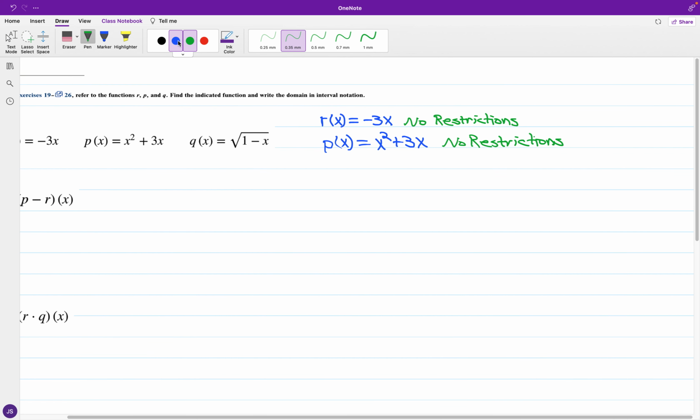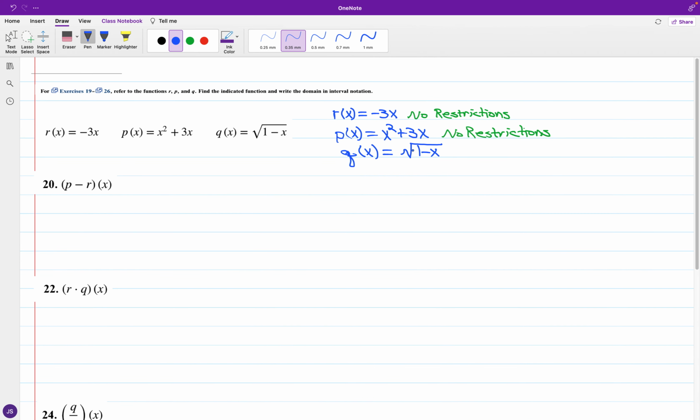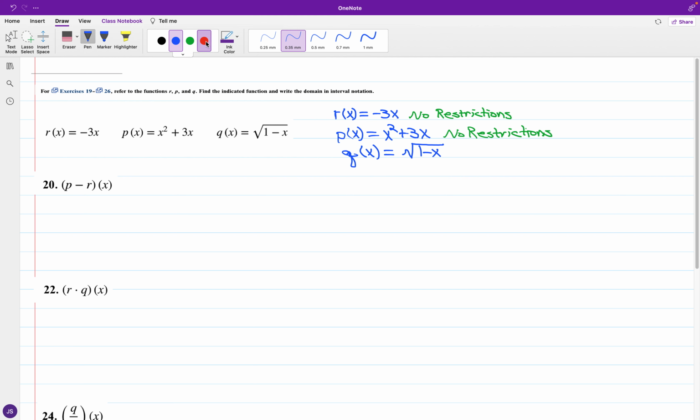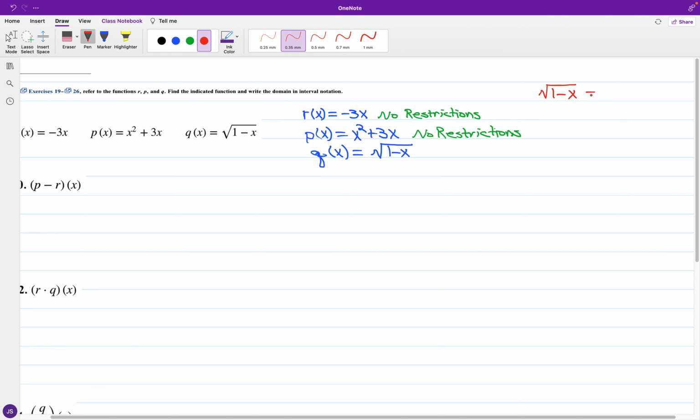Now for q of x, which is equal to the square root of 1 minus x. Again, we have the nature of the radical to be an even root, since you have a square root.